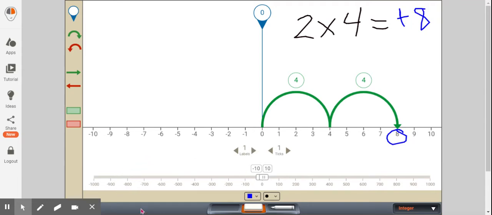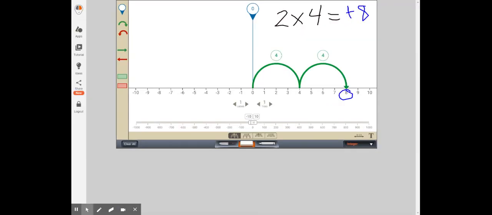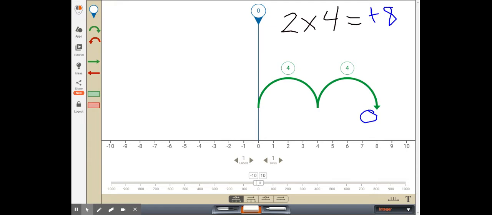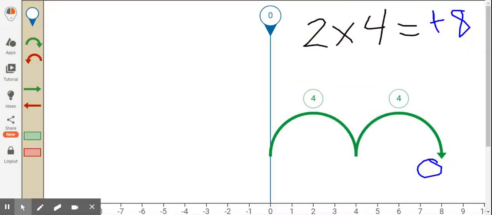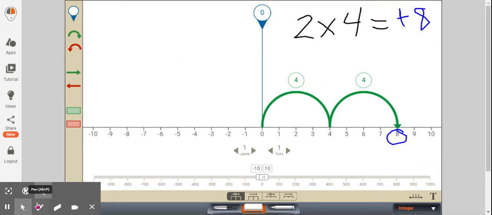Okay. Listen up. Down below here, how do I get it? Sorry, I'm going to have to minimize here. This little menu is in the way. There's a clear all button down on the left, right behind here.